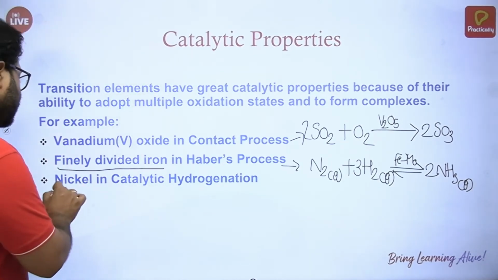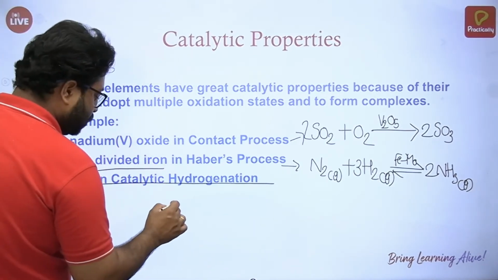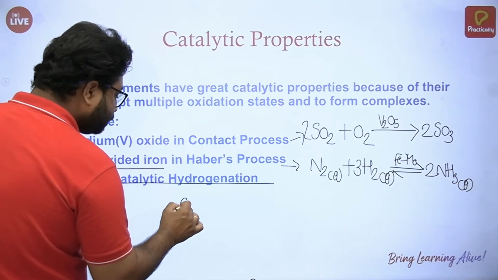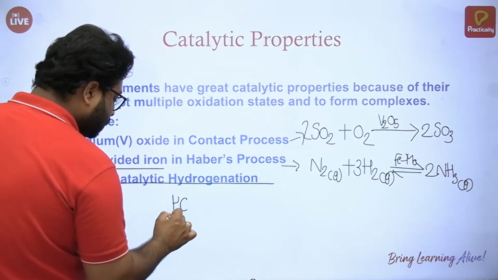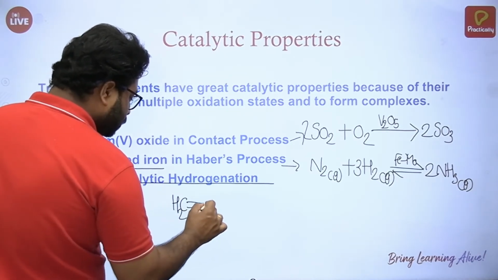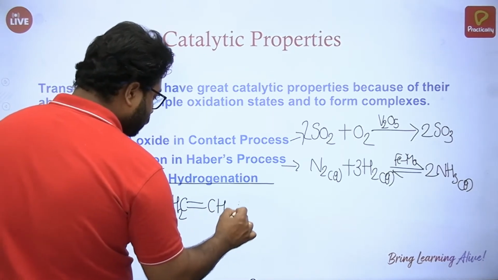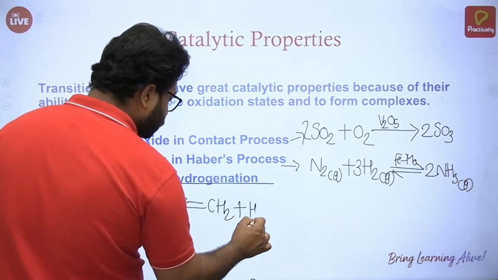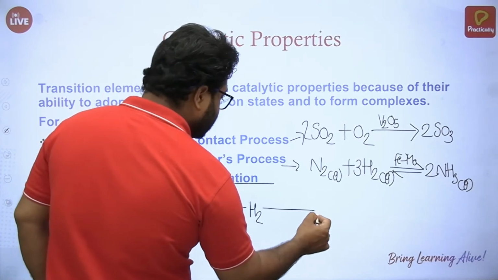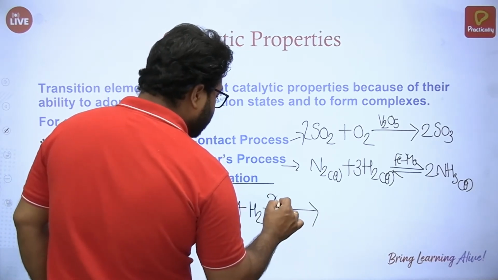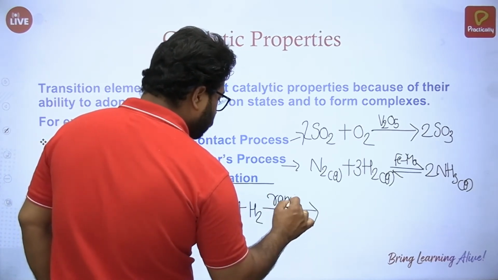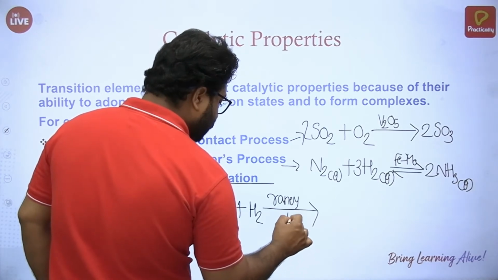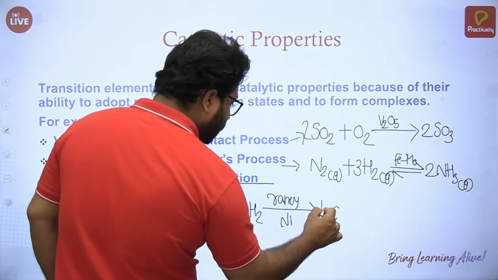And lastly, nickel in catalytic hydrogenation. You have ethylene, CH2=CH2, which reacts with hydrogen in the presence of a catalyst called Raney nickel. That gives you a saturated hydrocarbon.